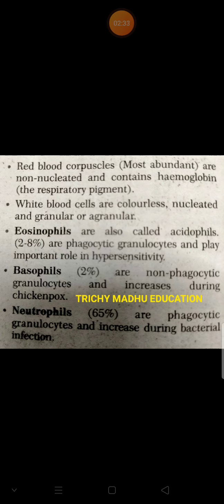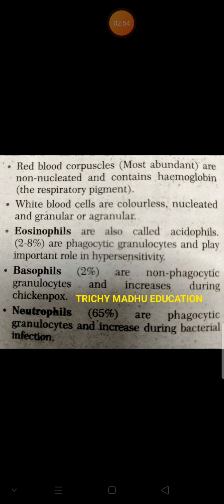Basophils are 2%, are non-phagocytic granulocytes and increase during chickenpox. Neutrophils are 65%. Neutrophils are phagocytic granulocytes and increase during bacterial infection.